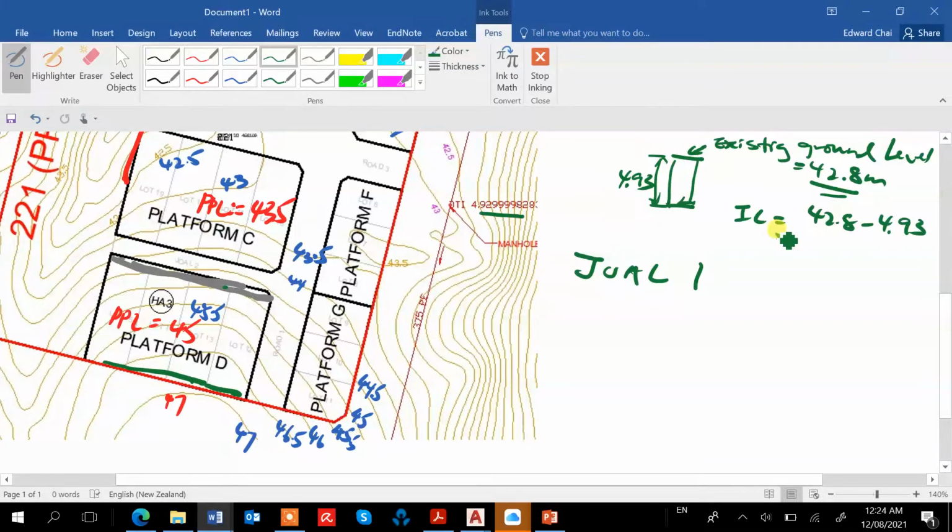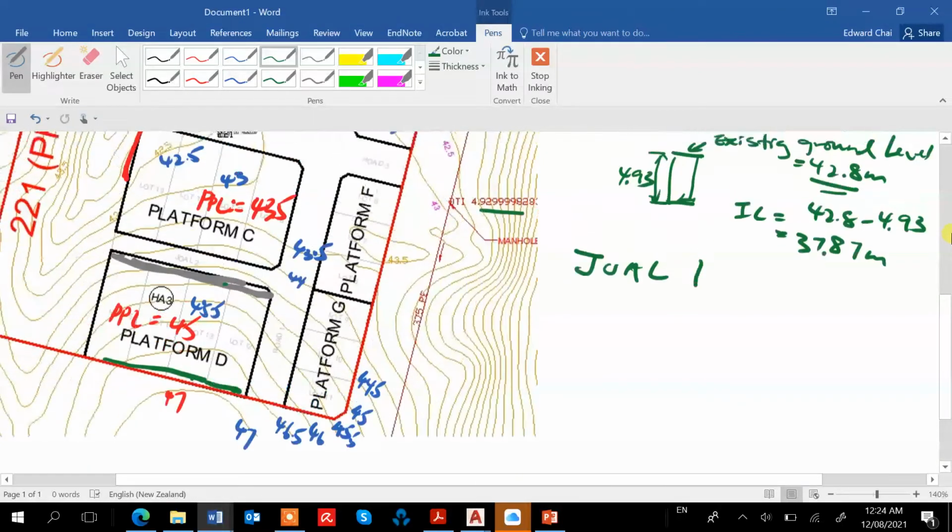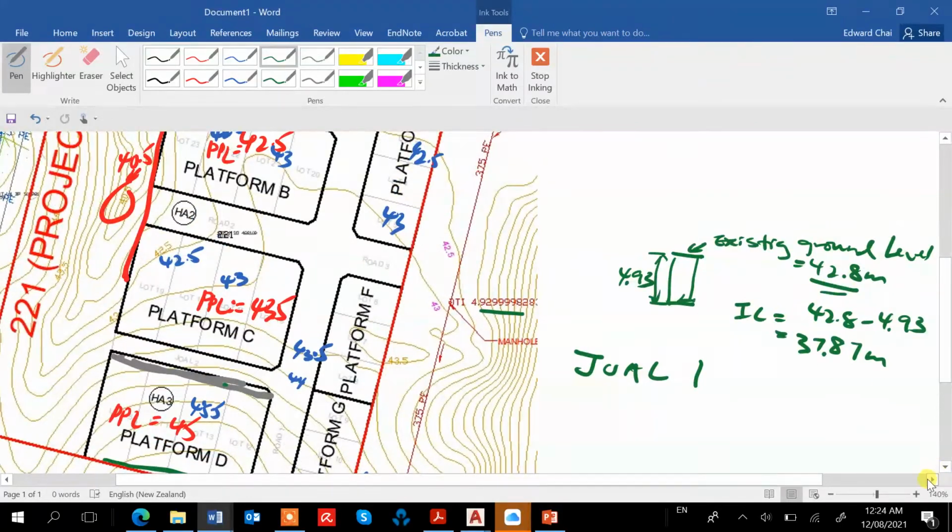That will be about 37.87, isn't it? Yeah, 37.87. So that's the invert level of this point here.